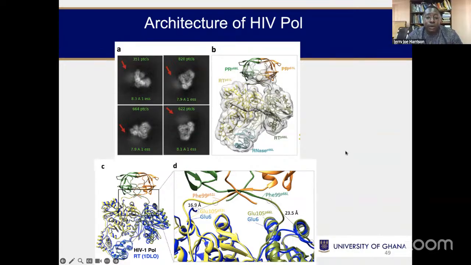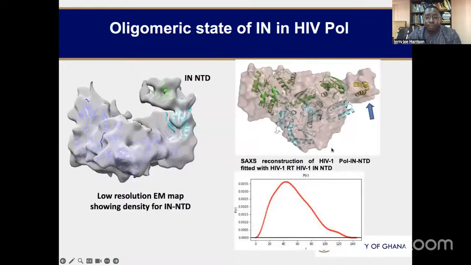Unfortunately, we couldn't recover the density for the integrase, because we reckon that it's very flexible, just like the protease. Except that in the 3D classification that we did, you could see the NTD from one of the subunits. From the p6, you could clearly see the NTD domain of one of those integrase units protruding over there.